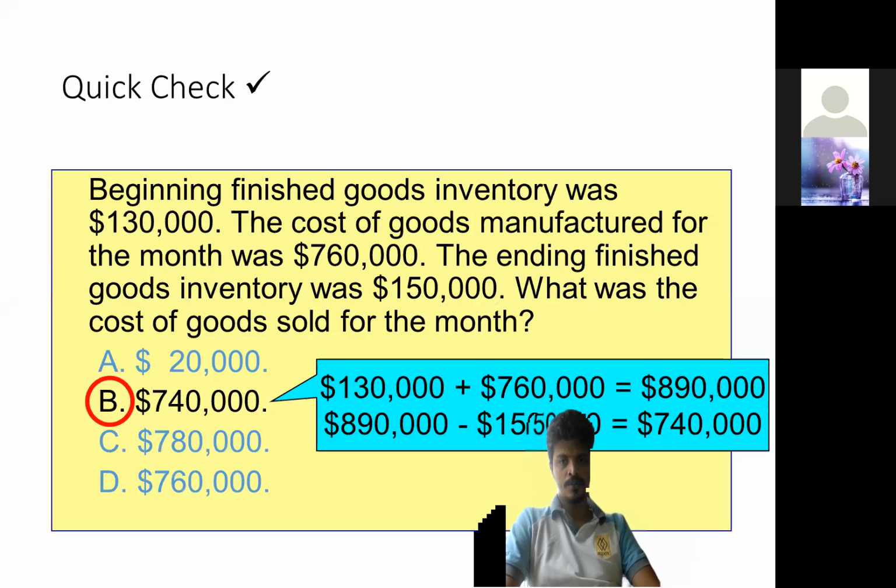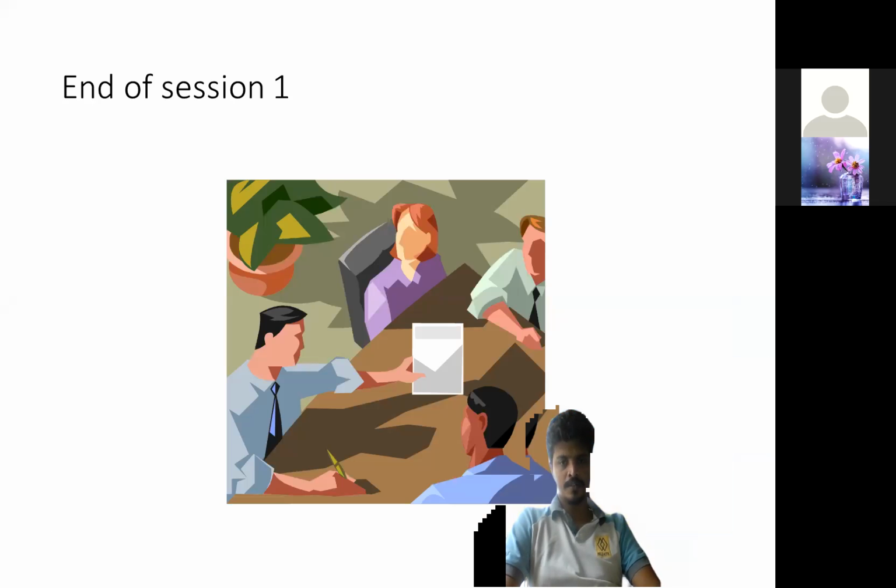Okay, now all of you may be aware of the total cost of a product. Now we can go for preparation of the manufacturing account part.